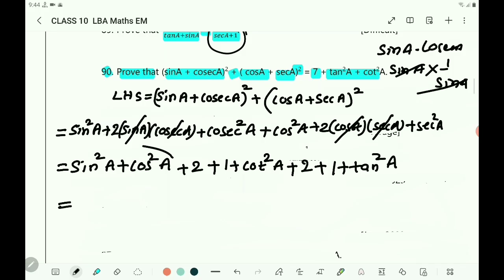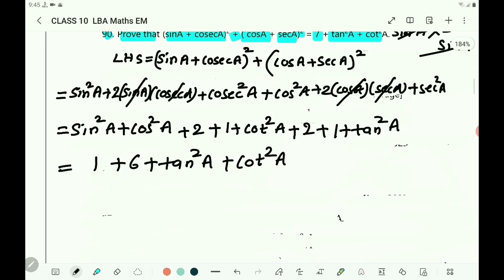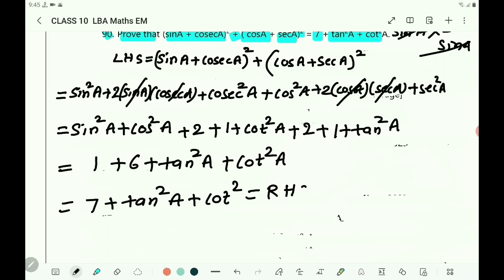equals sin square A plus cos square A is 1 plus 2 plus 1 is 3. Here 2 plus 1, plus 2 plus 1. It becomes 6. 6 plus tan square A you write first. Tan square A plus cot square A equals 6 plus 1 is 7 plus tan square A plus cot square A. You got the RHS which is equal to LHS.